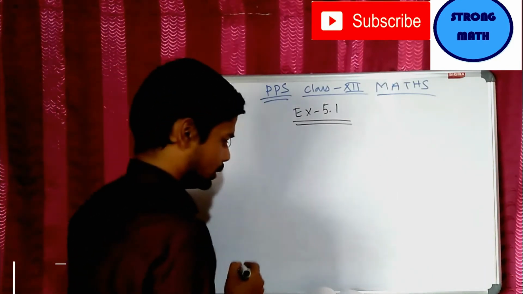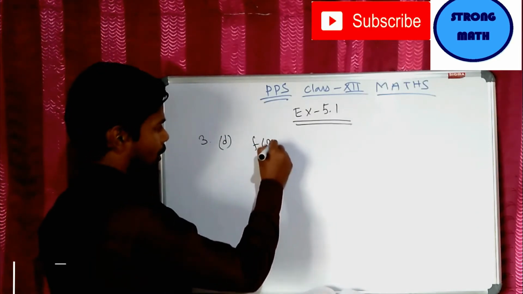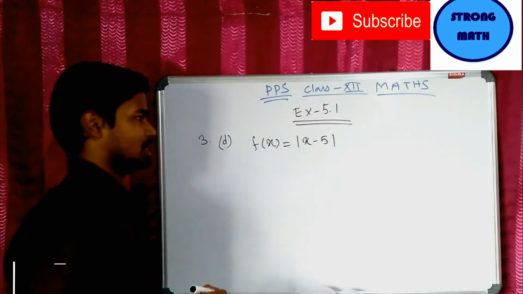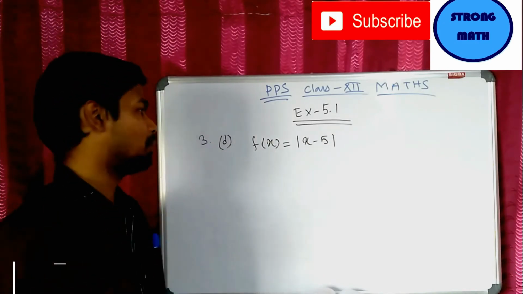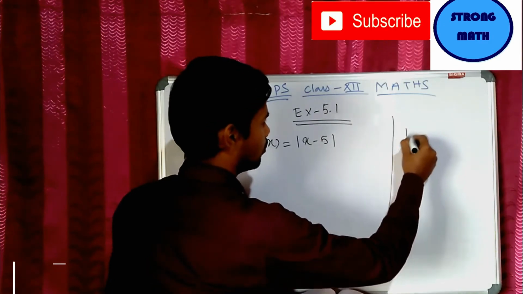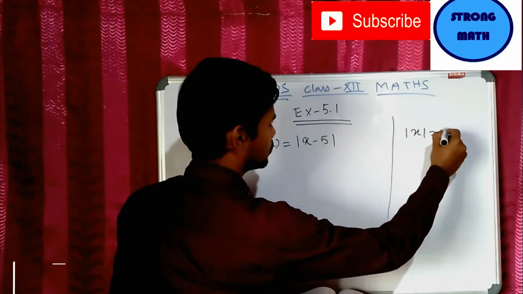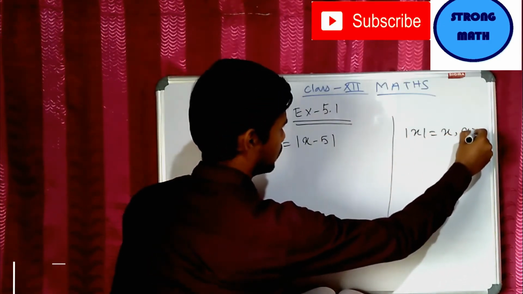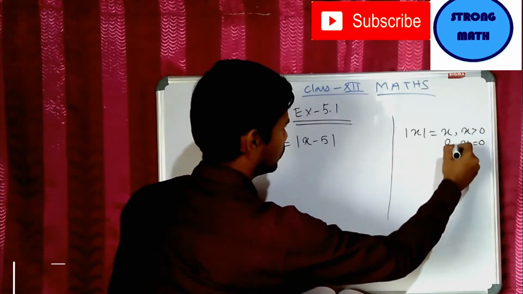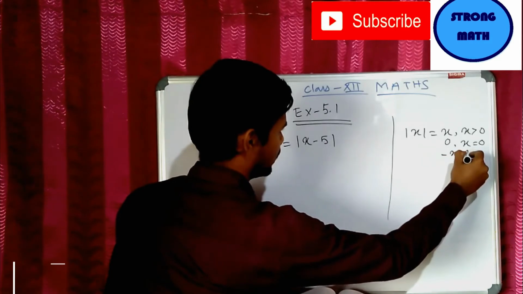Question number D. F of x equals modulus x minus 5. At first you have to recall the modulus function. Okay, fine. Mod of x is equal to x when x is positive, 0 when x is 0, minus x when x is negative.